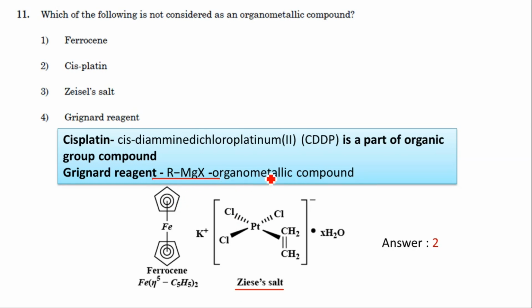So the correct option is cisplatin. Cisplatin is cis-diamminedichloroplatinum(II), CDDP, a part of coordination compounds, but it is not an organometallic compound. So the correct option is cisplatin. So next question.